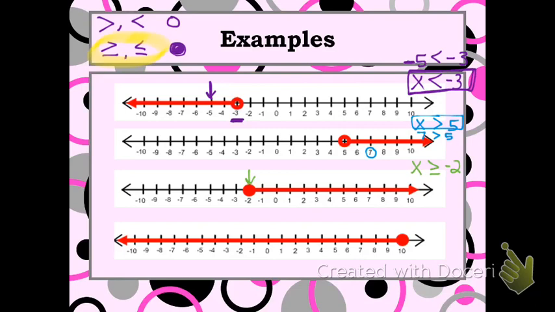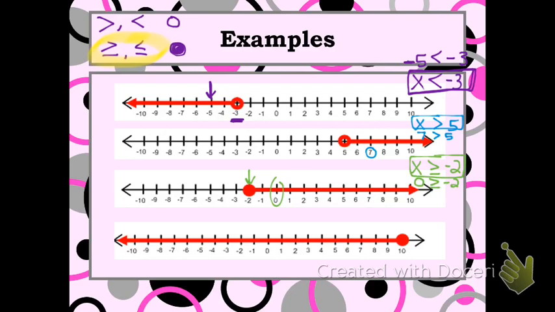And then look at my graph and say, for example, 0 is something that is shaded, so it should make a true statement. 0 is greater than or equal to -2. That's true, so I had a lucky guess and I was right the first time, and I don't have to change my solution. It's x is greater than or equal to -2.